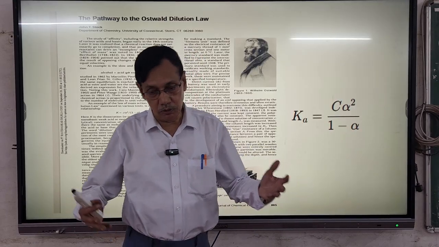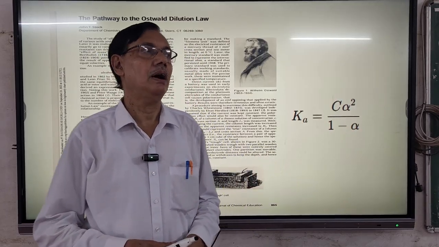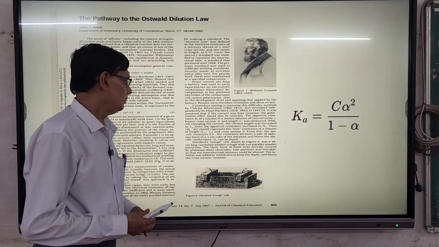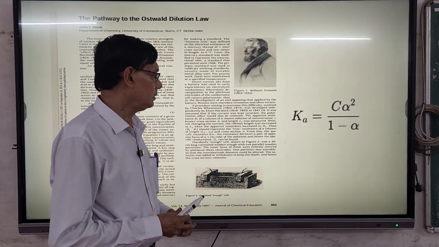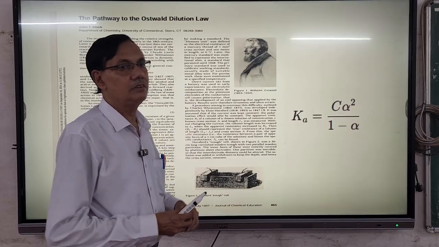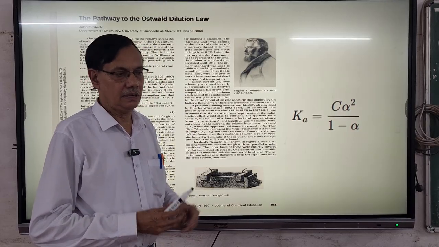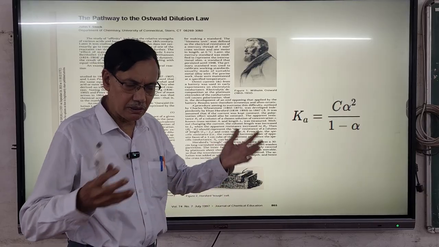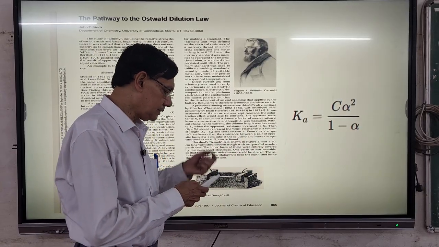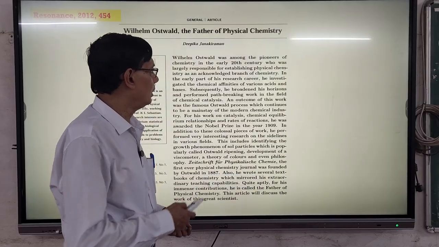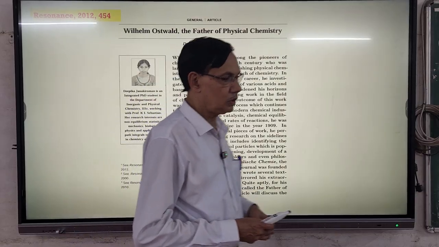Whenever I am talking about the degree of dissociation, I must mention the monumental contribution of Arrhenius, because Arrhenius first developed this partial dissociation of the electrolyte. So I will explain one or two points of that Arrhenius contribution.